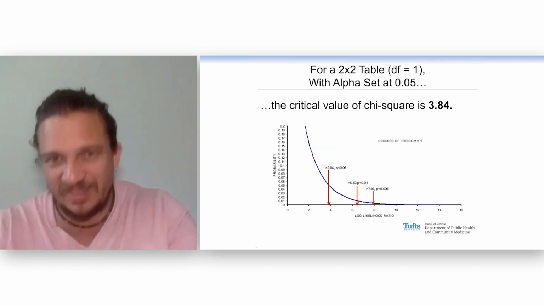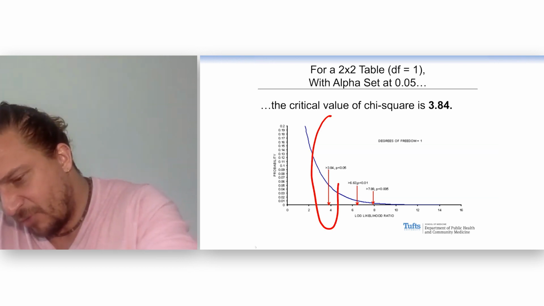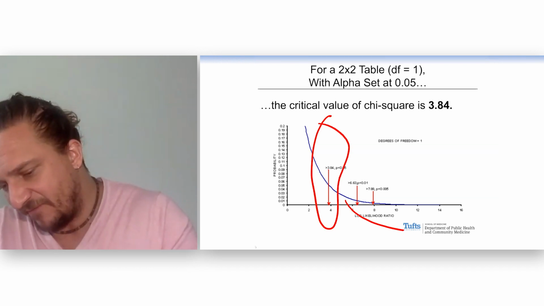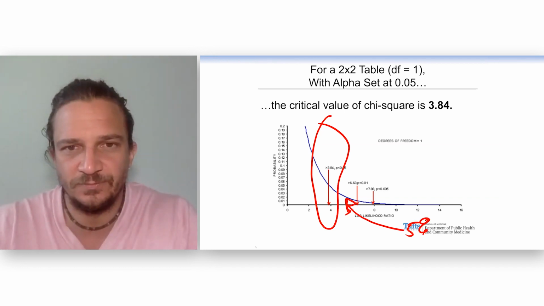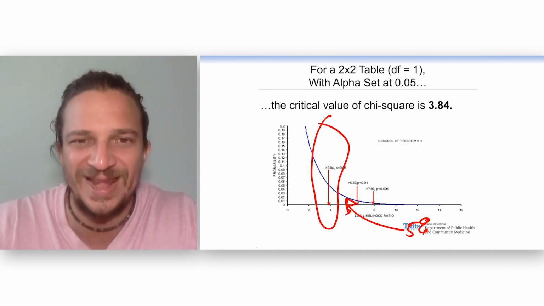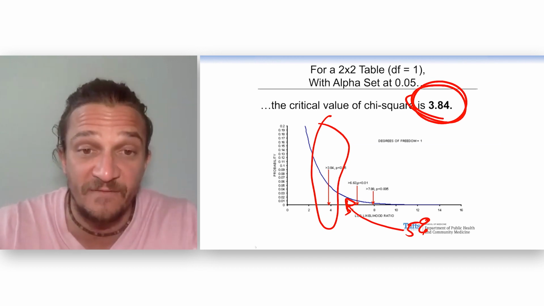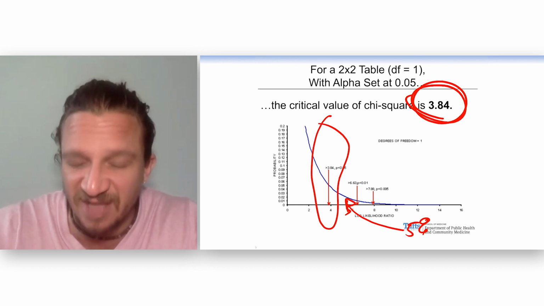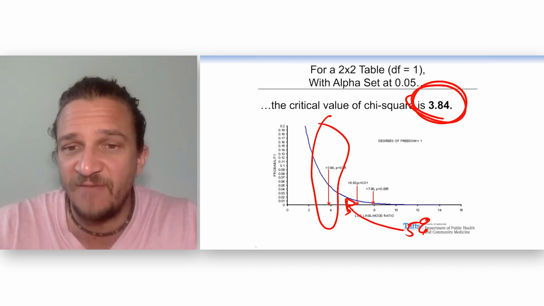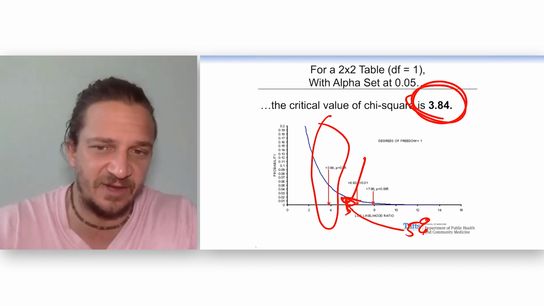So if I zoom in on that curve right here, this number, 3.85, I get 5% of the curve over here. I might have just made a small error. The number is 3.84. This number is sort of the critical value or the cutoff. If I get a chi-square more than 3.84 for that 2x2 table, I know it's going to be statistically significant.